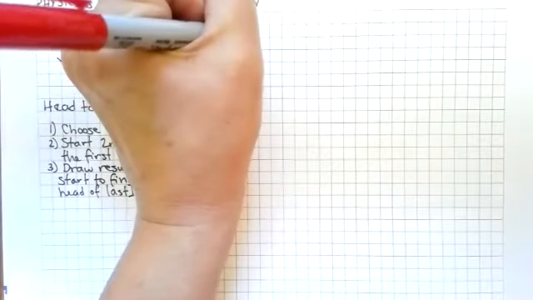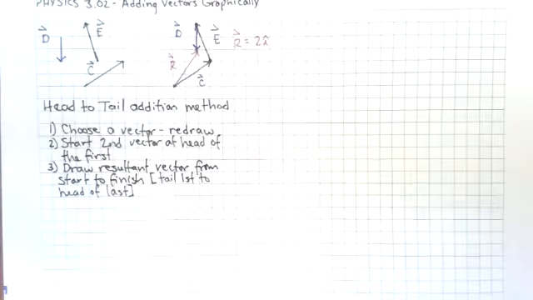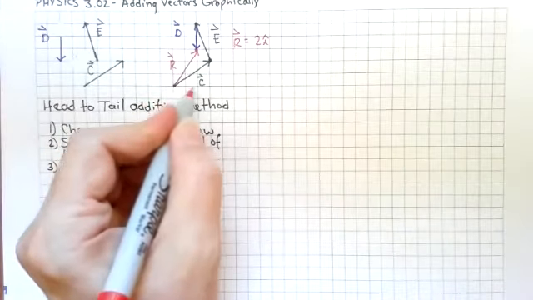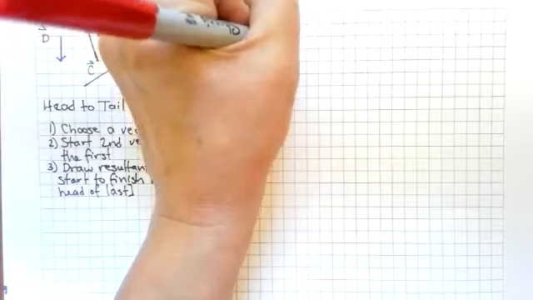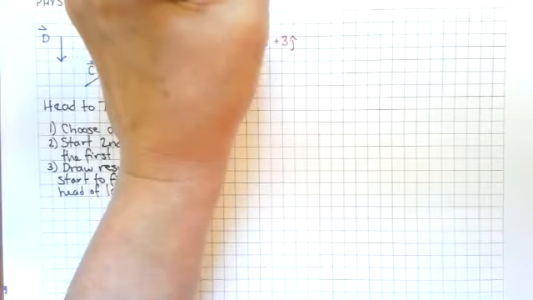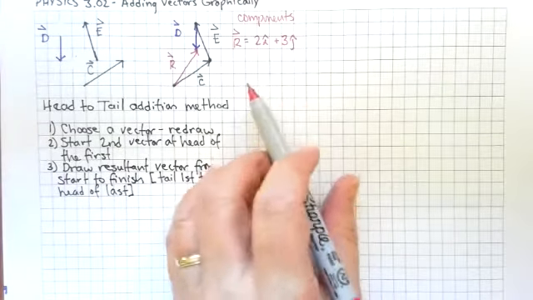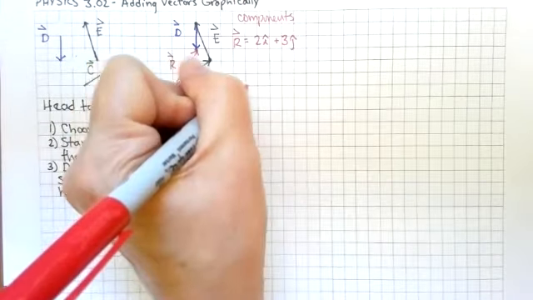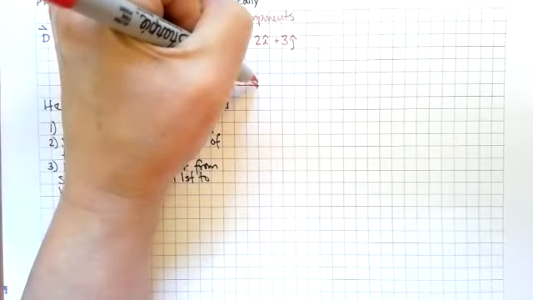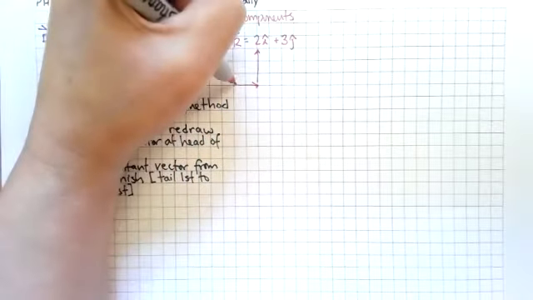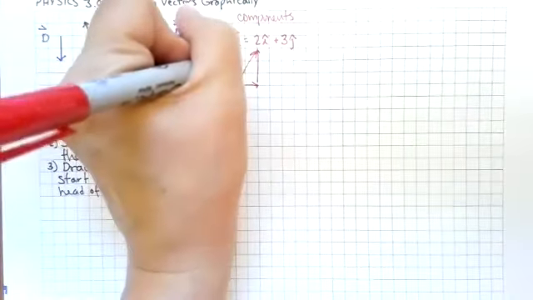So I'm going to write this as 2i plus 3j. So these are the components. In other words, I could write this vector as 2 over and 3 up, and my resultant is here.